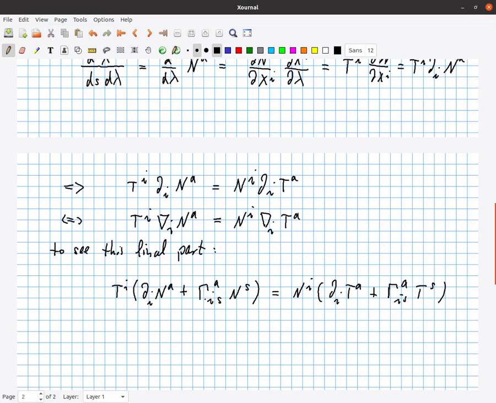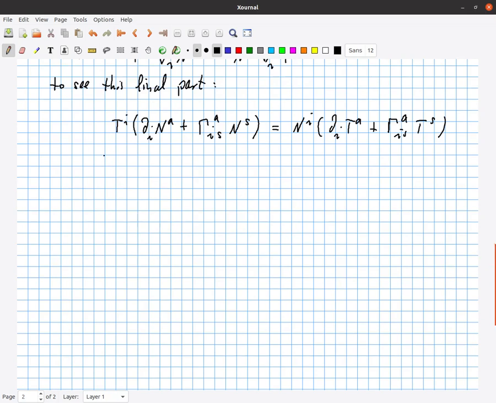Therefore, T^i n^s with the Γ^a is the same as n^i T^s with the Γ and an upper index a, which means those two terms cancel, and we have that. This is our first little intermediate result.